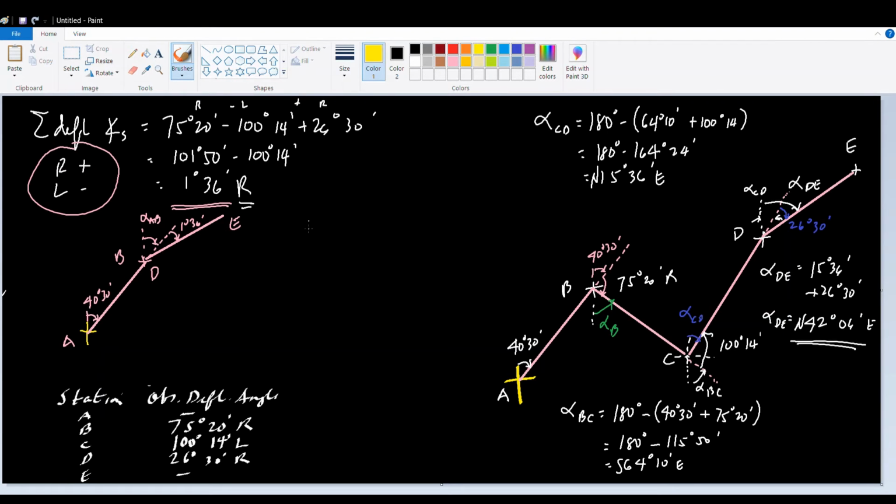So alpha of DE is equal to alpha of AB, 40 degrees 30 minutes, plus the net deflection angle of 1 degree 36 minutes, and that should give me 42 degrees and 06 minutes in the direction northeast, and that agrees with our previous answer. So our computations are correct, as far as finding the bearings of the other traverse lines are concerned.